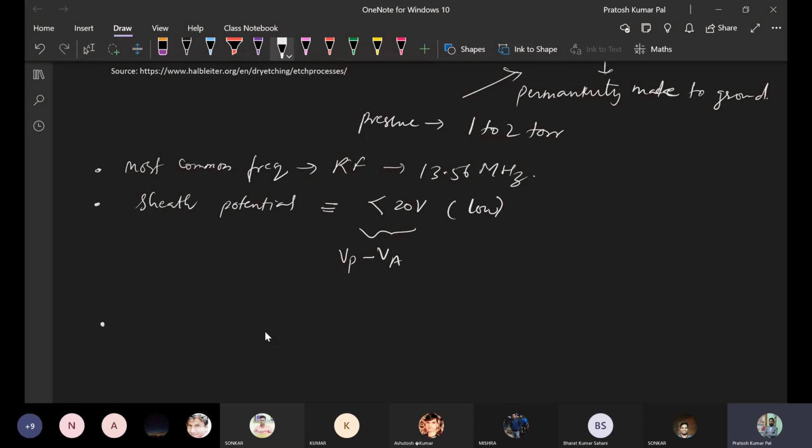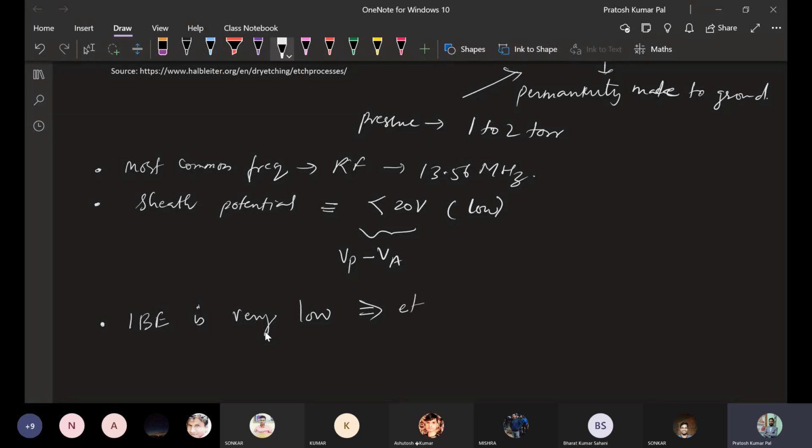Okay, so as it is having low sheath potential, the ion bombardment energy will also be very low. That means the etching done in this process will basically be similar to a chemical etching, because ion bombardment energy is very low.